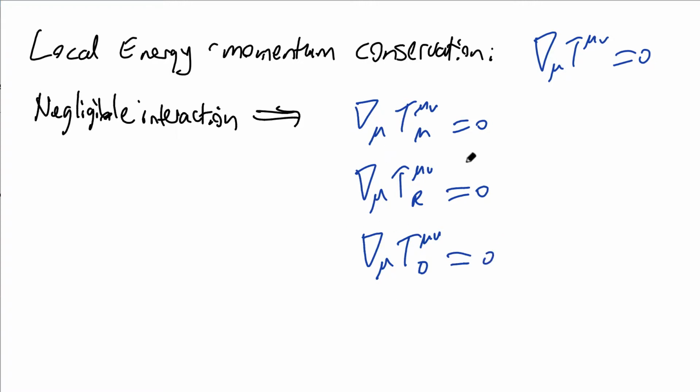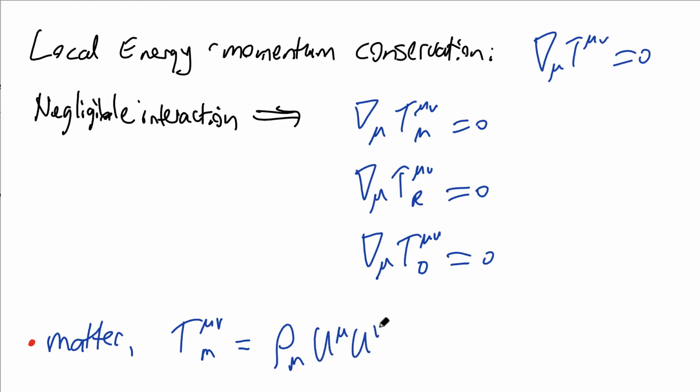Let's start by examining the energy momentum conservation for the matter contribution. So this is for matter. So the stress energy momentum tensor is rho for the matter times u mu u nu, where u mu is just 1, 0, 0, 0.